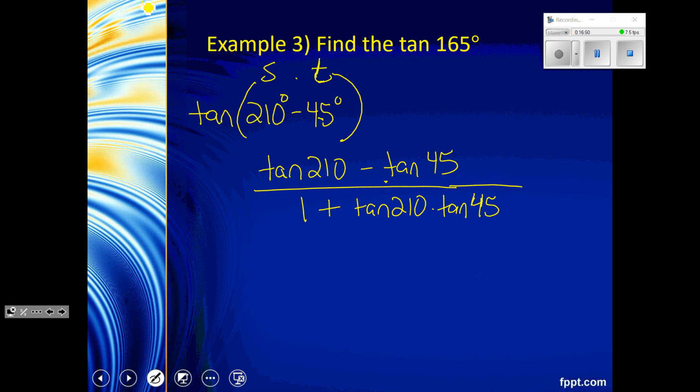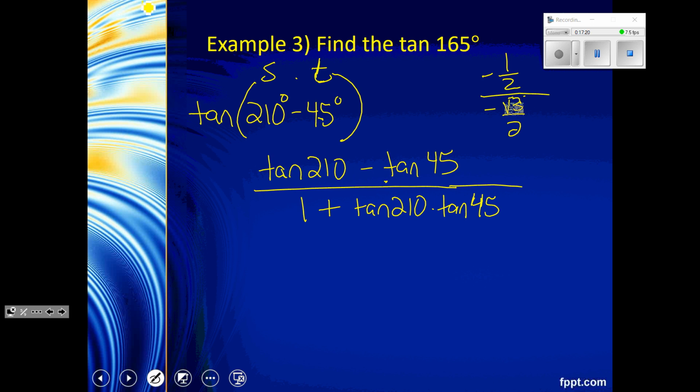Okay, so remind me, if x is cosine, y is sine, how do we find tangent? Y divided by x. So you're going to take each y and divide it by the x. So let's look at 210. If I divide the y by the x, I'm going to do negative 1/2 divided by negative square root of 3 over 2. Any questions so far?